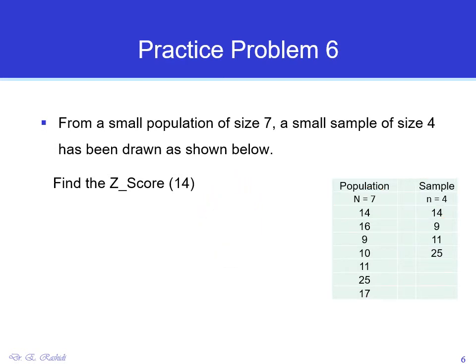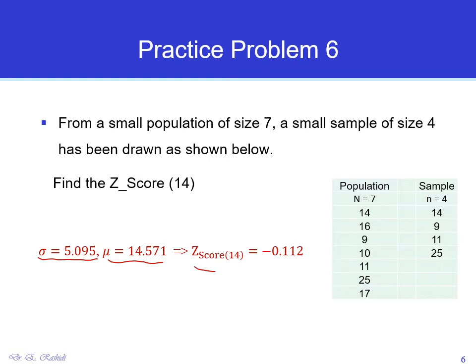Okay, let's go ahead and find the Z-score of 14 for the population. So we need to find the average and the standard deviation of the population. The standard deviation is 5.095 and the average is 14.571.